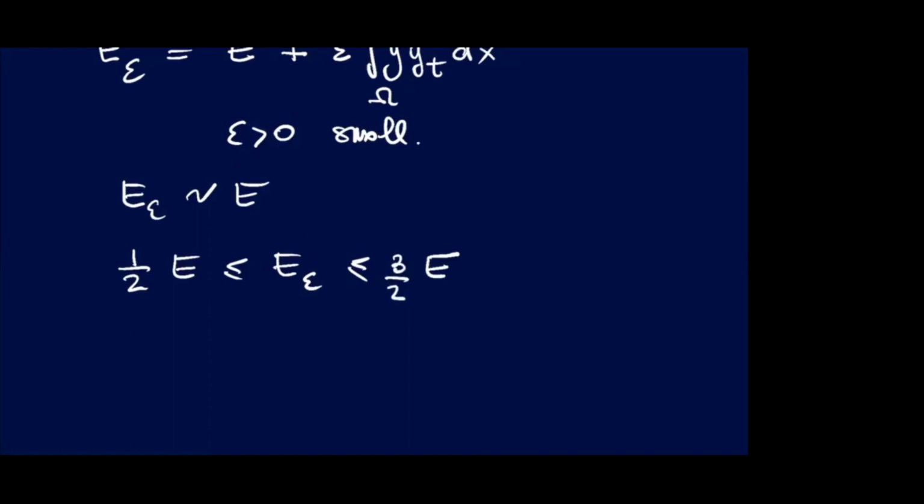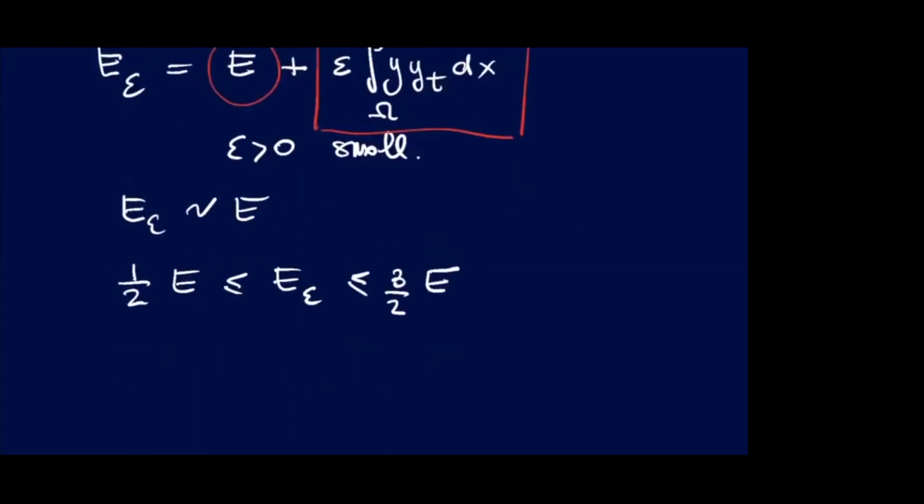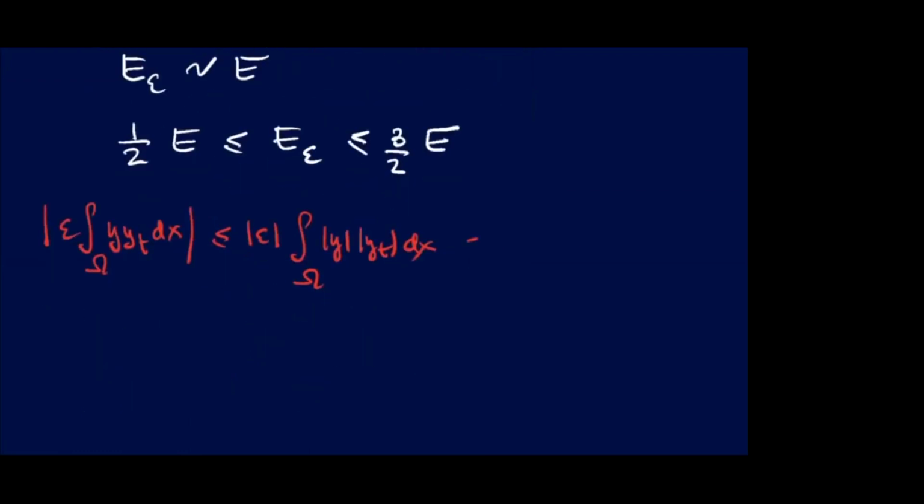What do I need in order to do this? Well, because I am adding this extra small perturbation to the original energy, the only thing I need in order to guarantee this is that the absolute value of this, which is less than the absolute value of epsilon times the integral of the absolute value of y and the absolute value of yt, is smaller than 1/2 times the energy.